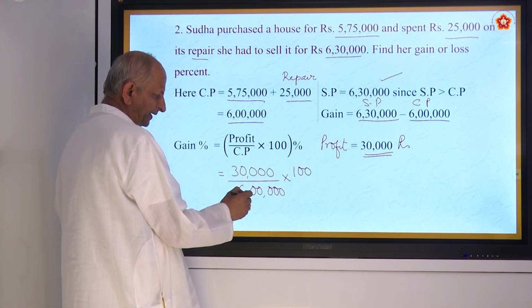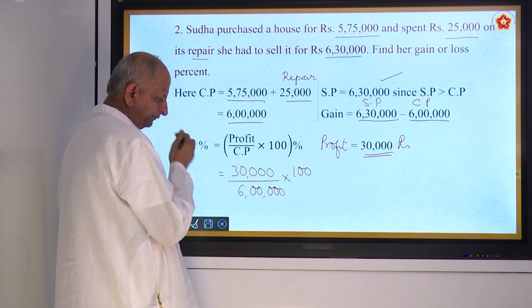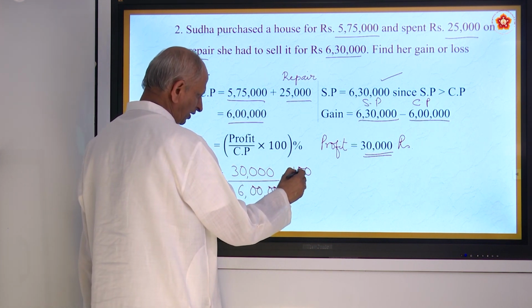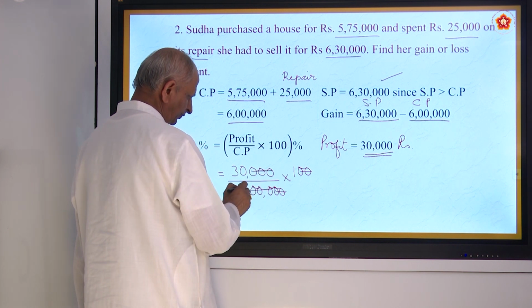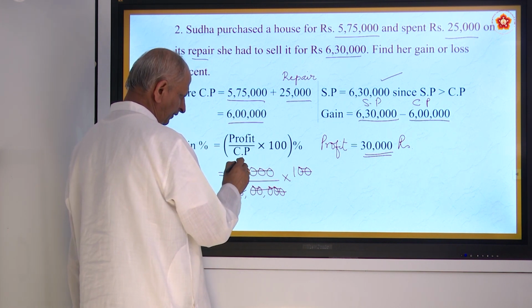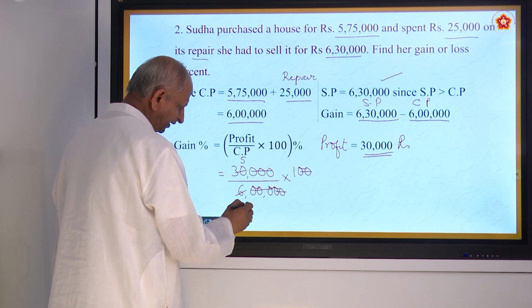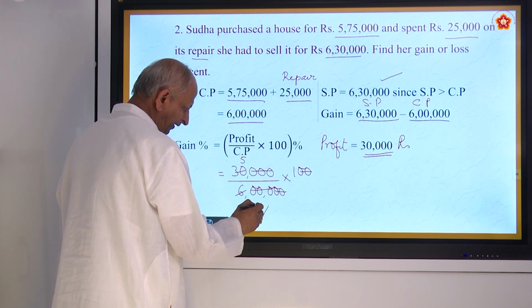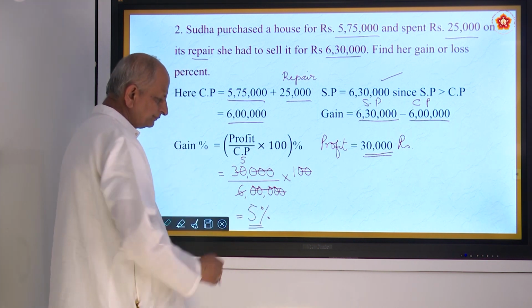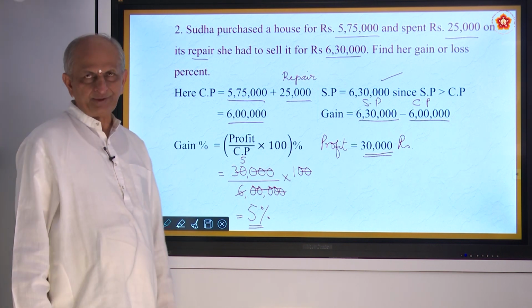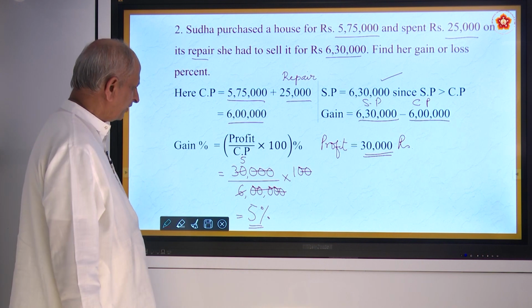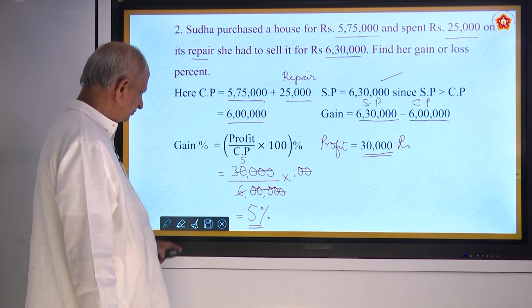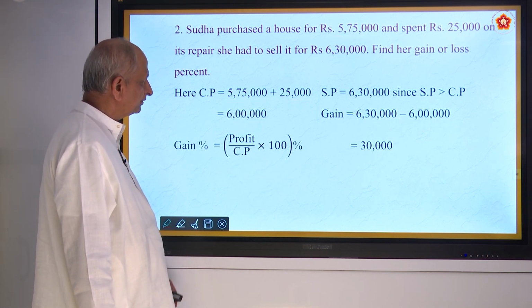Profit by CP into 100. So if you cancel these zeros here, 3 zeros here, 6 ones are, 6 fives are. So percentage of profit is 5%. Is it okay? Gain, or also you can say profit. Okay. So that is the answer for that question.